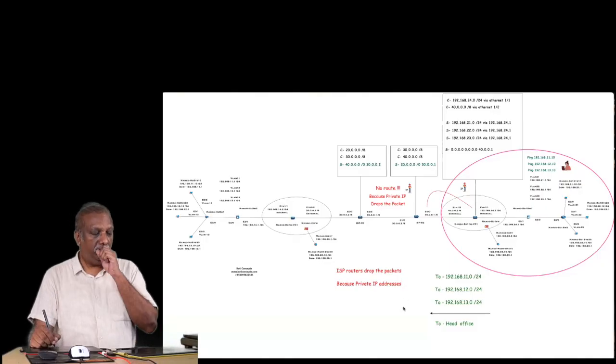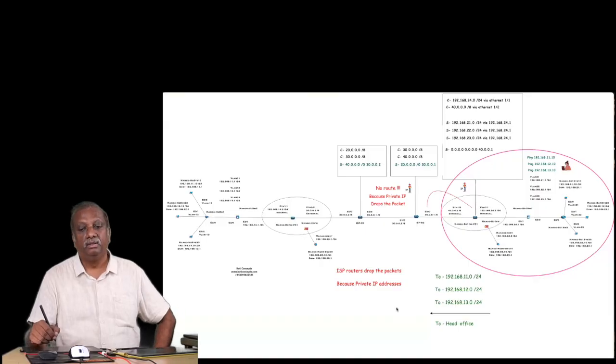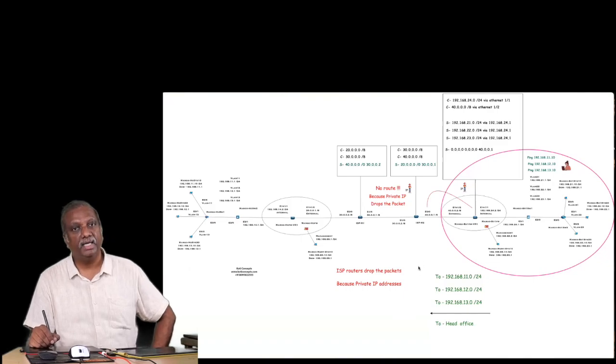Right? So we have seen that if you want to make two different private network IDs communicate with each other through the public network ID, we create something called GRE tunnels, right?